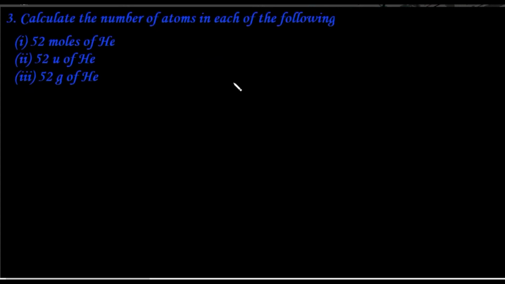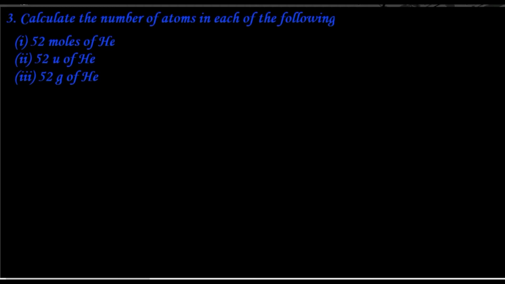So in this problem, we have to calculate the number of atoms in each of the 3 cases. Number 1 is 52 moles of helium. Number 2 is 52 unit of helium, and number 3 is 52 grams of helium.